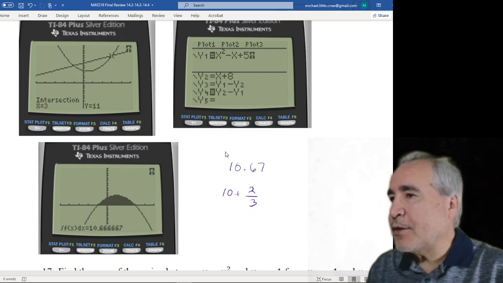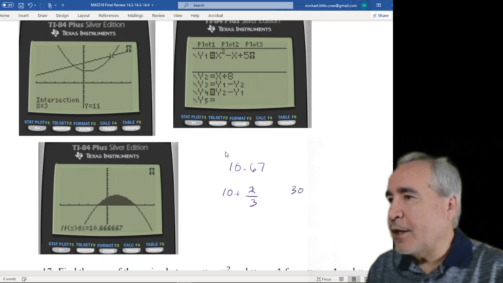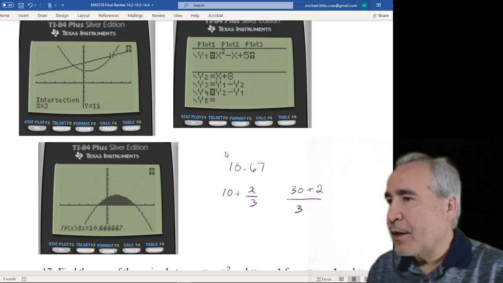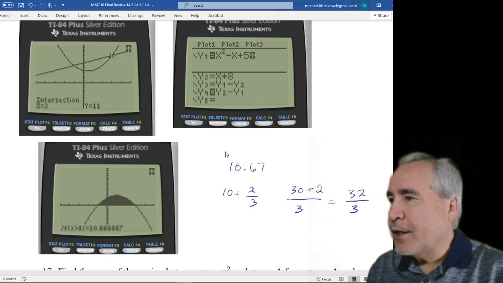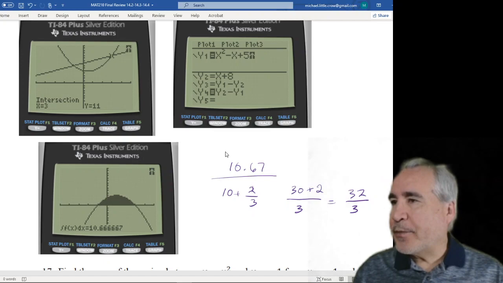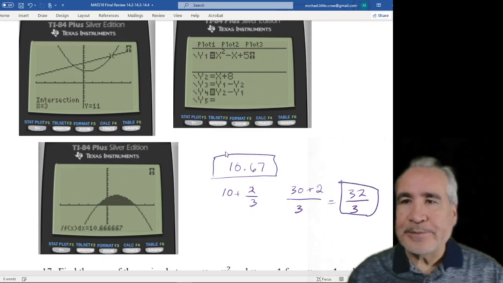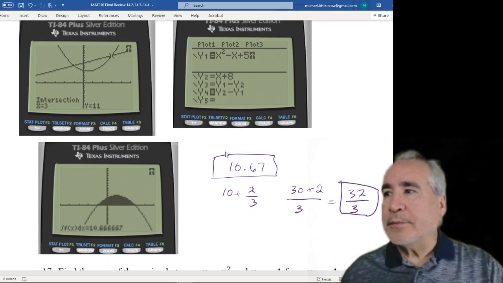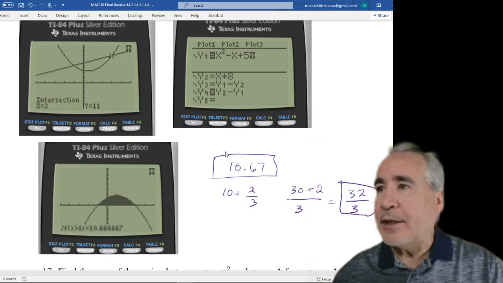You take 3 times 10 is 30 plus the 2 that's there. So you might see the answer 32/3. Again, if you divide this, you'll get 10.66 as well. So multiple choice, it could be this, it could be this. Okay. But just be able to spot it.